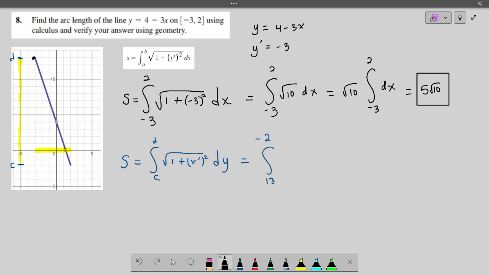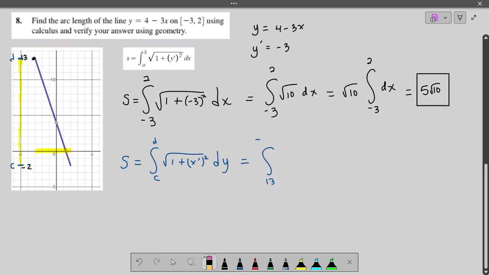I figured out that this y coordinate here is 13, and this y value here is -2. And I kind of put them in the same place on the integral like we do in substitution, but we don't actually do the same type of thing here. All we wanted to do was figure out what those numbers were.